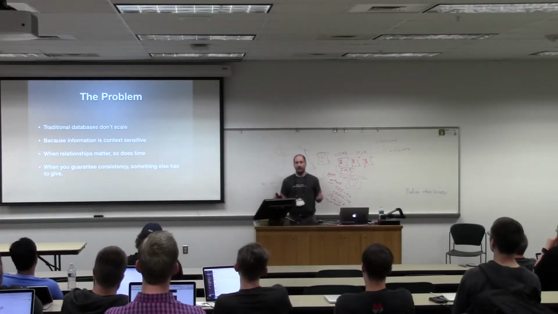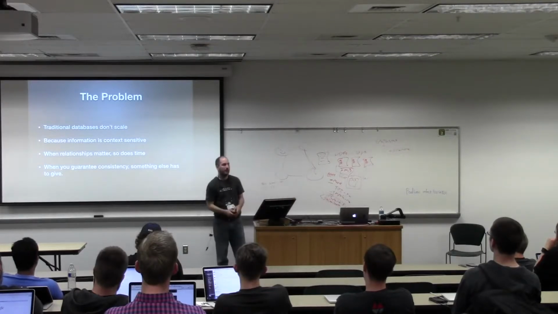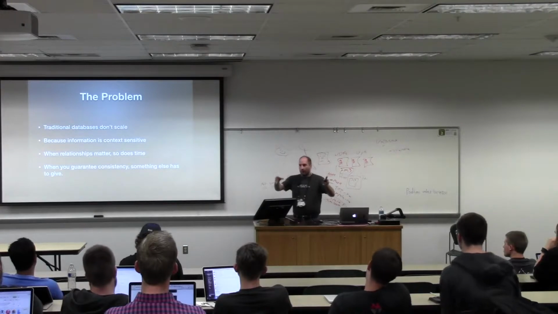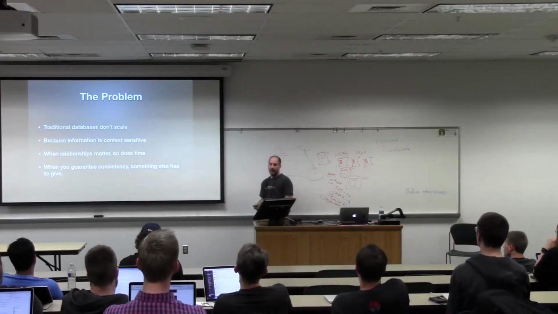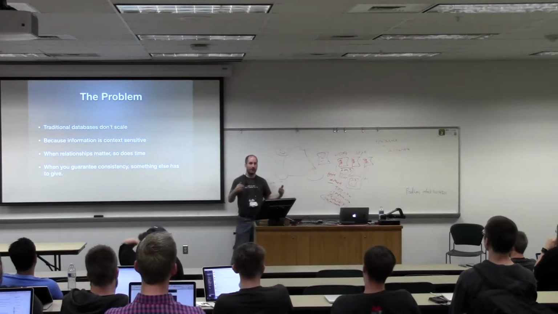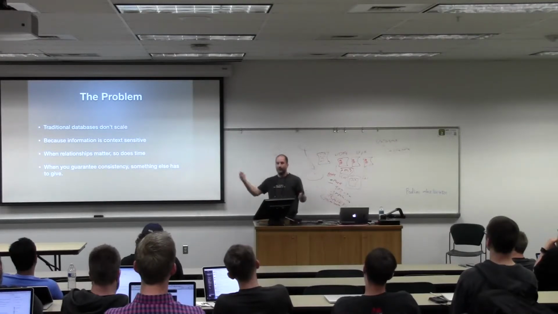So the problem that we have is traditional databases don't scale horizontally, right? Because information is context sensitive. And when we start sharding that information out, right, that context sensitivity or those relationships become distant from each other, right? And when we change things on one shard, it's difficult to coordinate those changes on other shards.